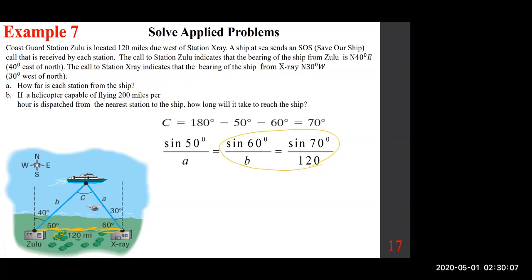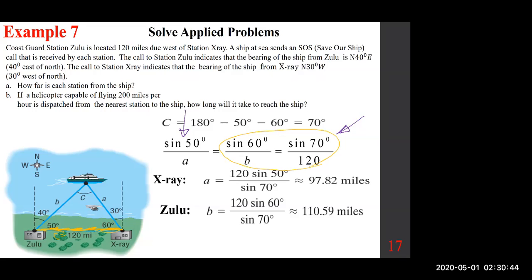You put this one and this one together and you find the a. So to find the a is 120 times sine 50 over sine 70, and that means X-ray. To find the b, that's 120 times sine 60 over sine 70, and that means Zulu.